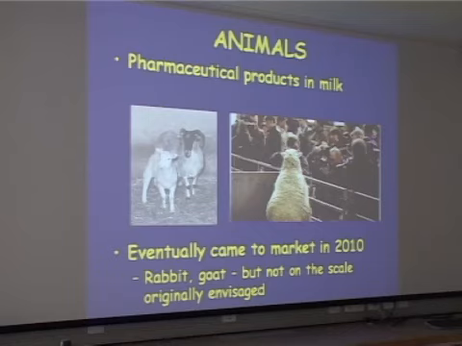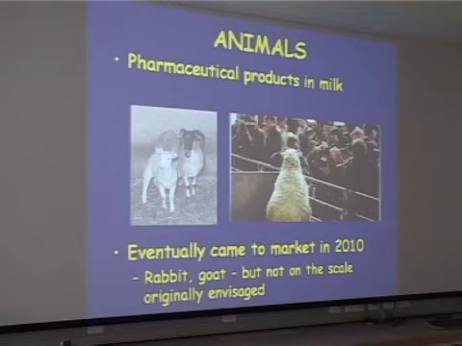And there was a large expectation that we would see farm animals used in this way on a very large scale. And people talked about the world need for factor 9 blood clotting factor being met by a flock of 45 lactating ewes. That's the sort of figures put on it.